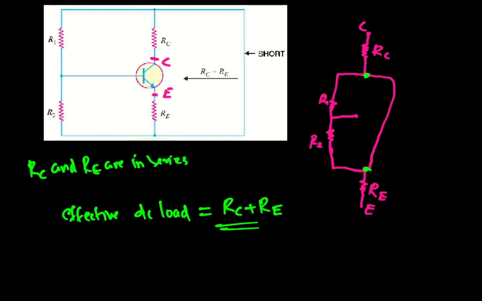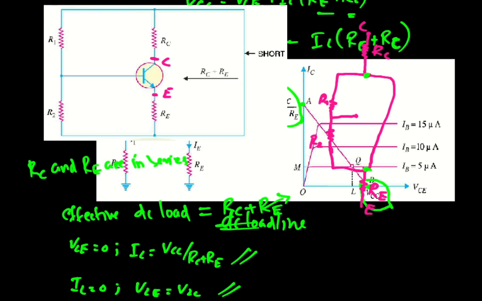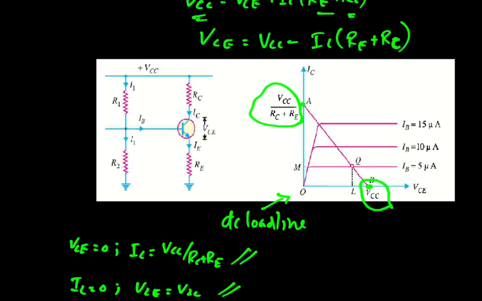Then the different currents and voltages can also be obtained by applying Kirchhoff's voltage law, and we can also draw the relation between the output voltage and output current, that is, IC and VCE, on a graph, which is a straight line according to the relation VCE equal to VCC minus IC into RC plus RE.